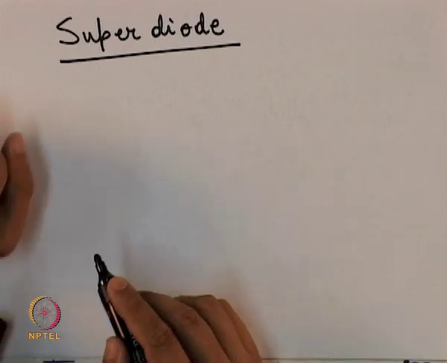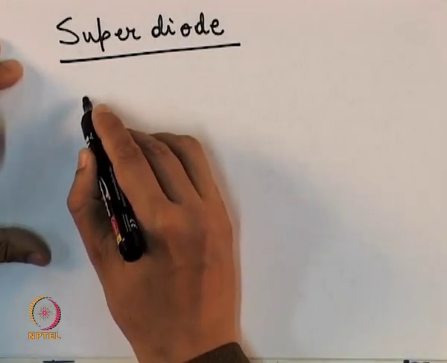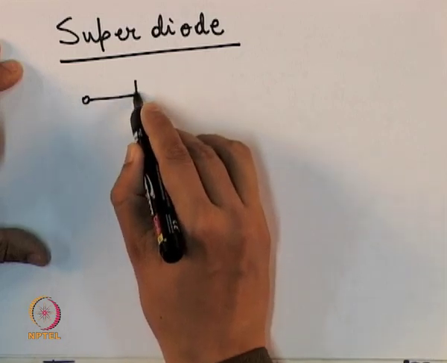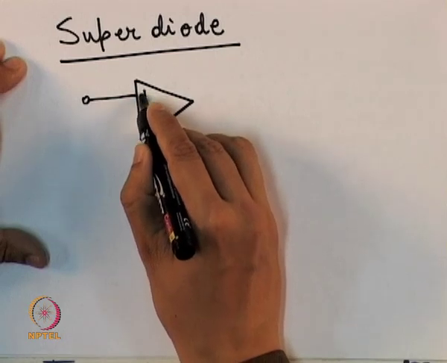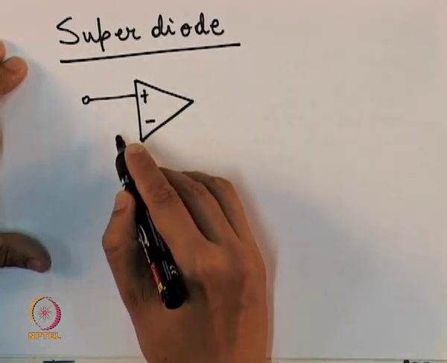It is called a super diode, as I mentioned, because there is no threshold voltage, or at least the threshold voltage that appears is very negligible.